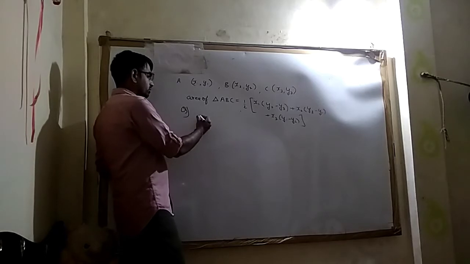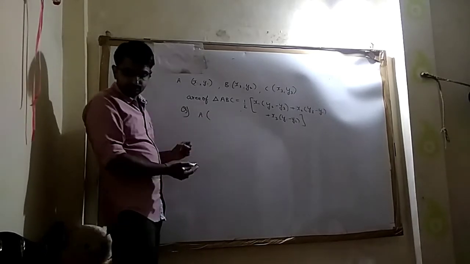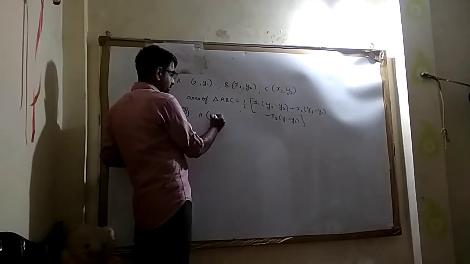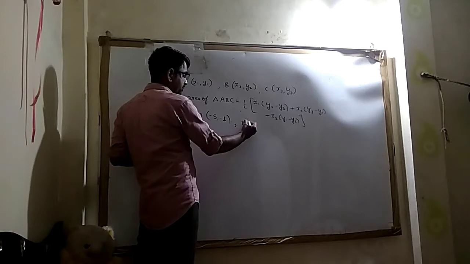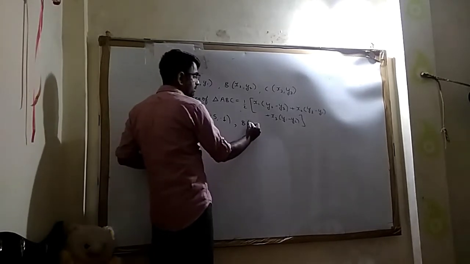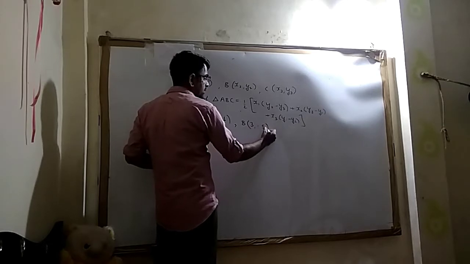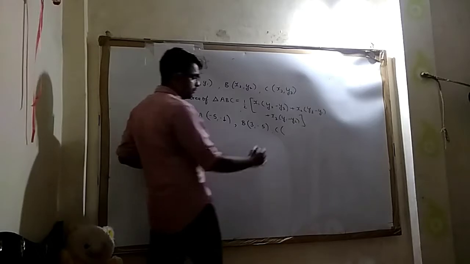Suppose we are given the coordinates, say A have coordinates minus 5, minus 1, B have coordinates 3, minus 5, and that of C, the coordinates are 5 comma 2.